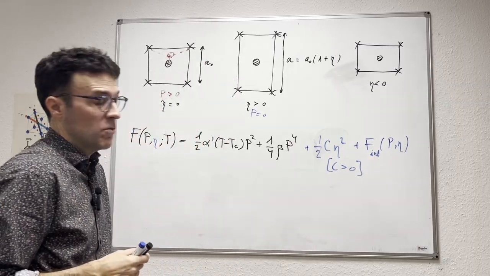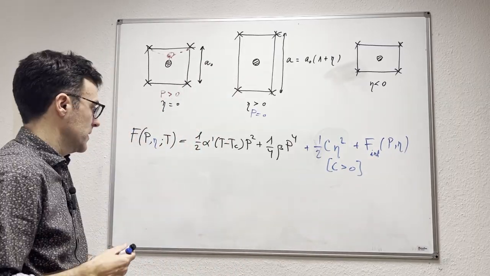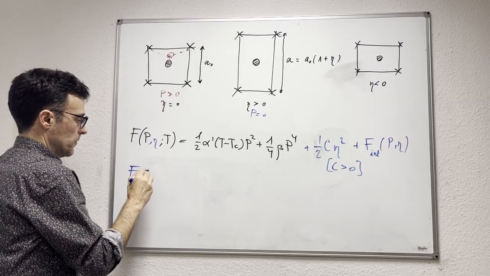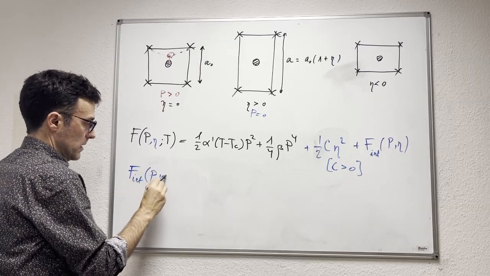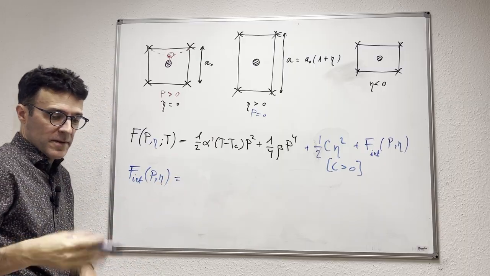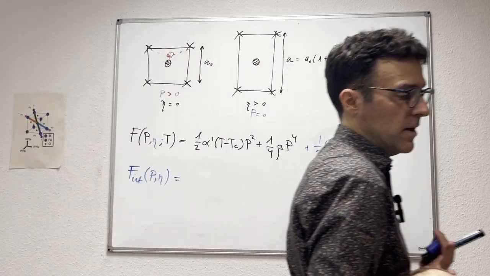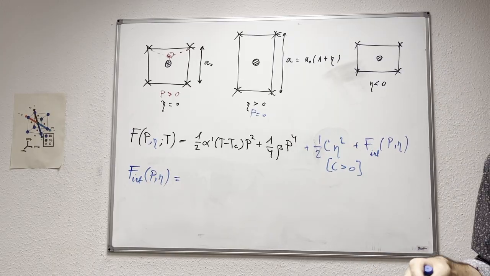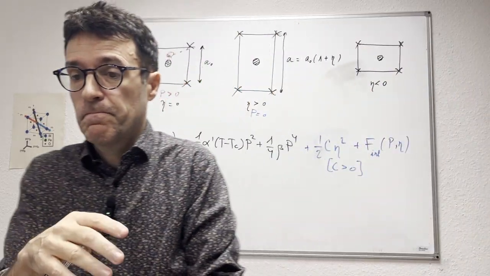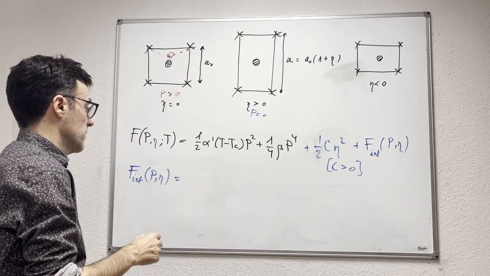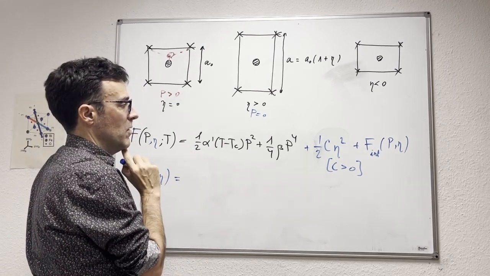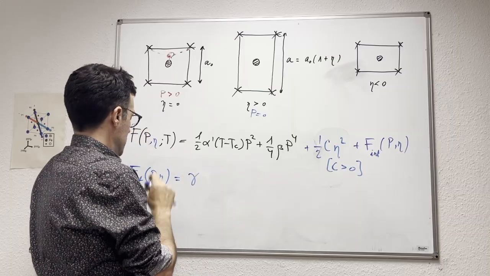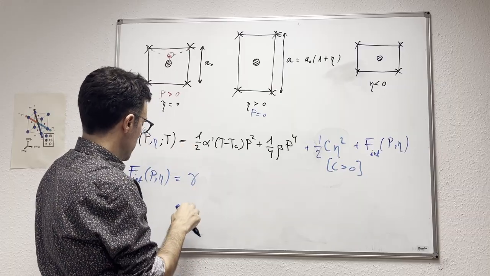All right, and now let's go with the interaction term, which is obviously the most interesting one. So in principle, following the usual approach, we could write here, in increasing order of complexity, the possible terms of interaction that we can have between strain and polarization. Now I'm going to use Greek letters.